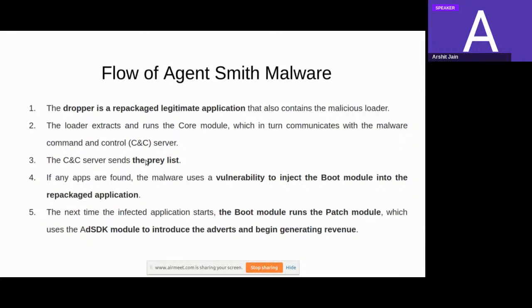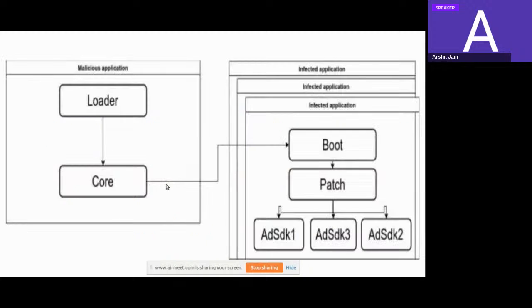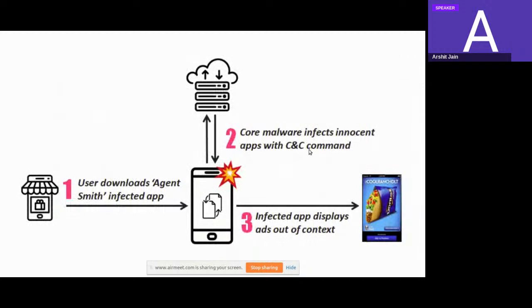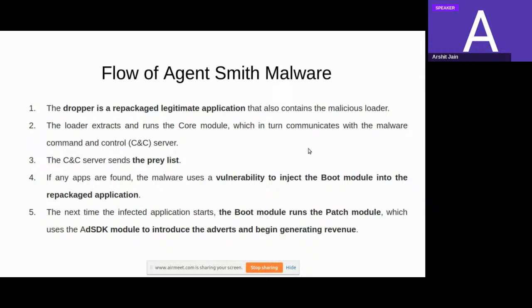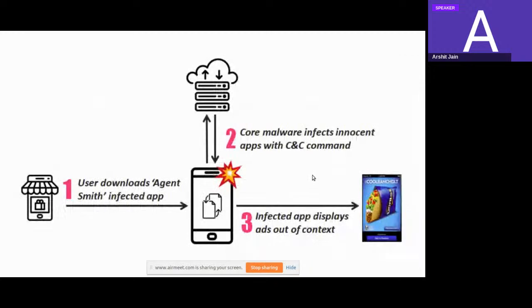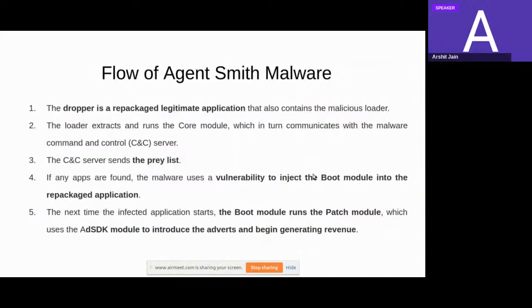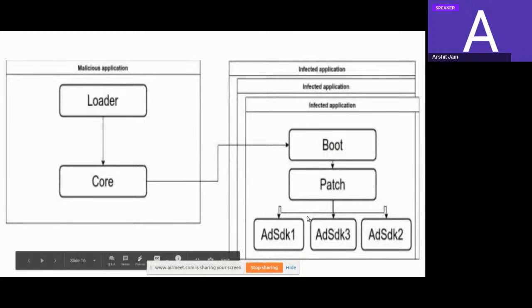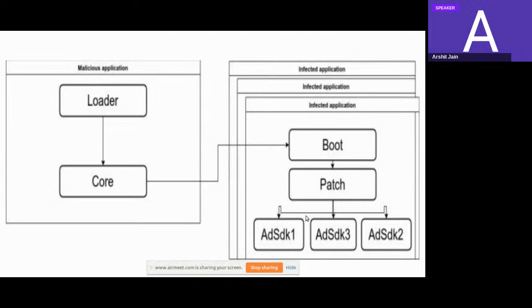After that, if any of these apps is found, the malware uses the vulnerability and injects a boot module into the repackaged, infected application. So next time, when any infected application is started, the boot module runs the patch module. These patch modules use the ad SDK module to produce ads randomly, which can consume your mobile data or maybe some device information.